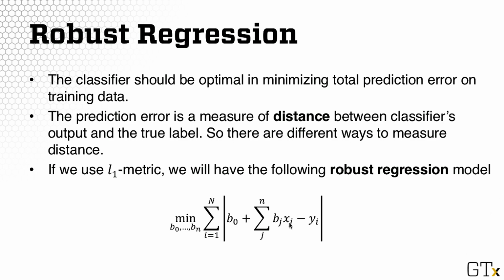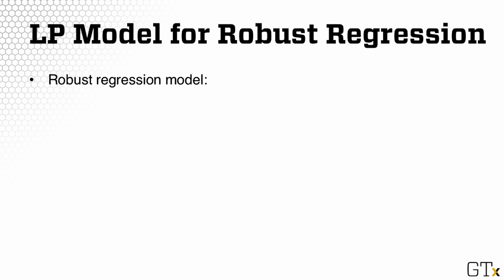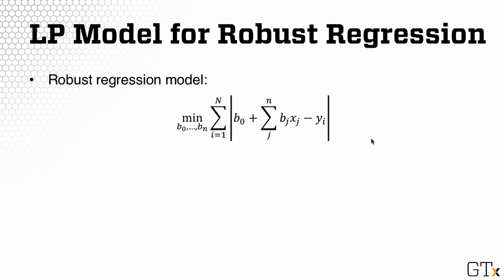So this should be xij here. This is the distance for the data point i, and we want to sum over all the data points we have and minimize the total L1 metric distance. So this is the robust regression model. And we see that this is a sum of absolute value functions to minimize. Each absolute value function is a piecewise linear convex function.